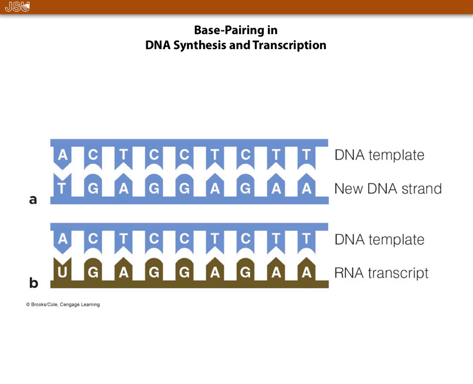Where there should be a T, there's a U. Okay, know the difference. If I was to give you a DNA template like this on the test, you should be able to tell me the RNA transcript. Okay?